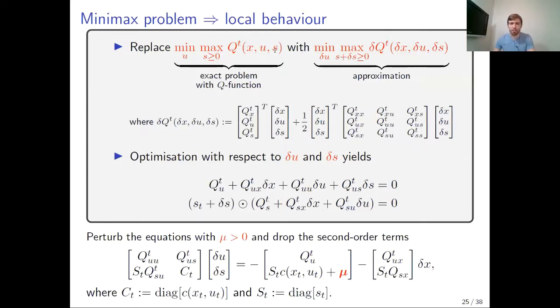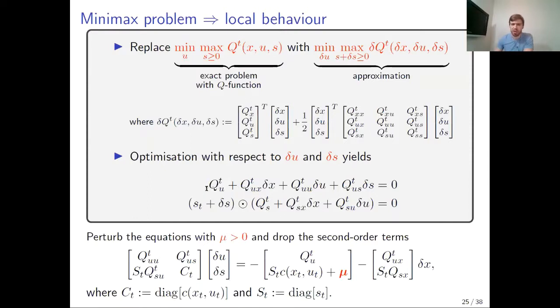This is usually done by replacing the exact problem with Q function with its approximation. And the approximation we use is also a quadratic Taylor series. So this problem can now be resolved with respect to local changes to U and S, and optimization with respect to these local changes yields the following set of equations.